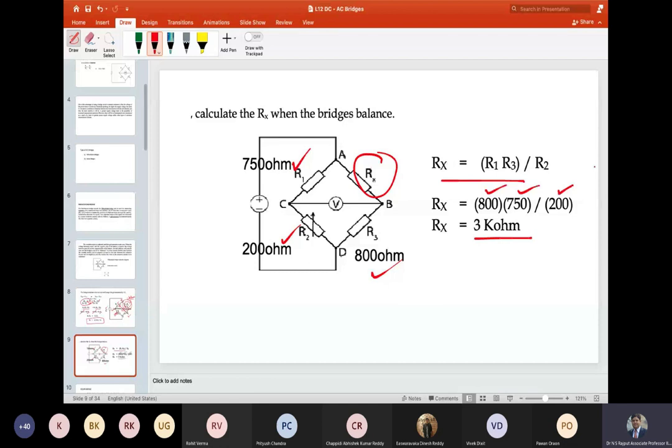Okay. Now here one important thing to observe is that there is some wire resistance, right? How much might be the wire resistances or the contact resistances of the contacts?